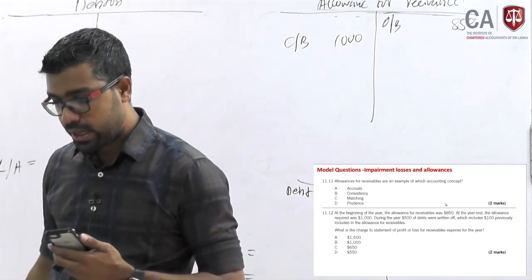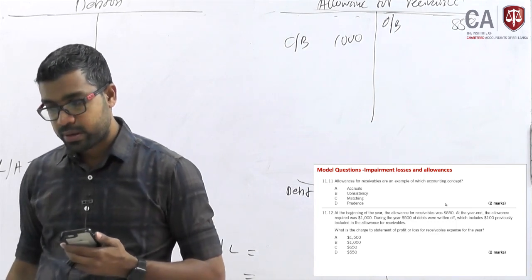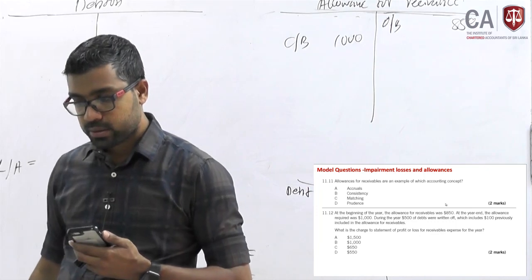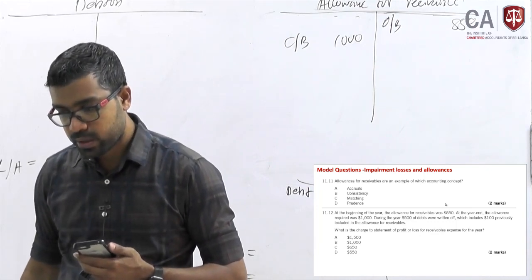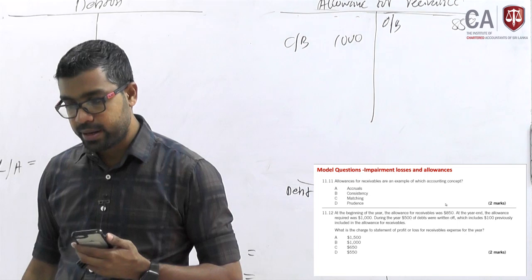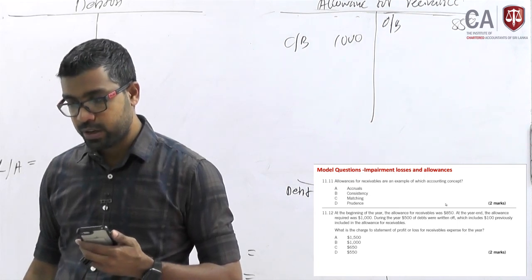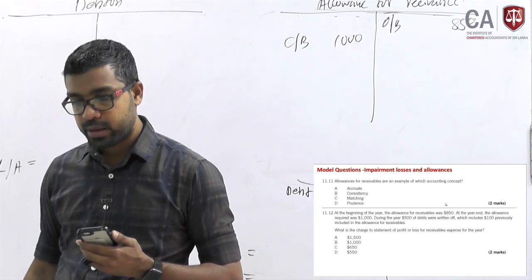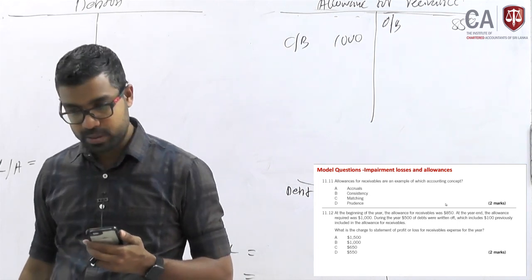during the year 500 were written off, which include 100 previously included in allowance for receivable, right?